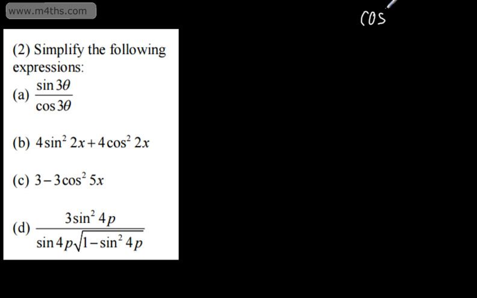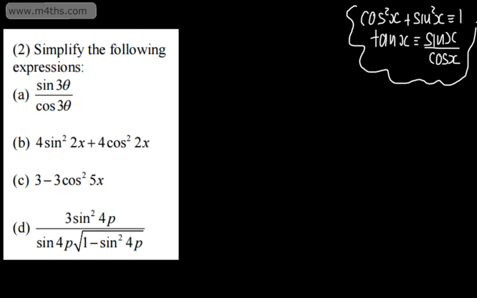I know that cos squared x, or cos squared theta, plus sin squared x, or theta, in this case gives me 1, and that tan x is going to give me now sin x over cos x. It takes me 10 seconds to write them out, but if I'm doing any show that questions or proof questions, I just want the examiner to know what I know instead of just not showing clear workings.